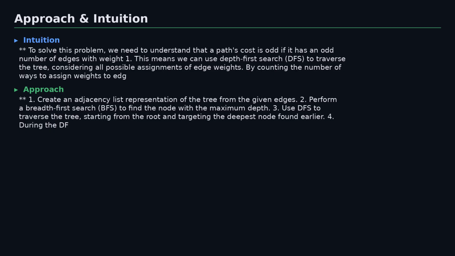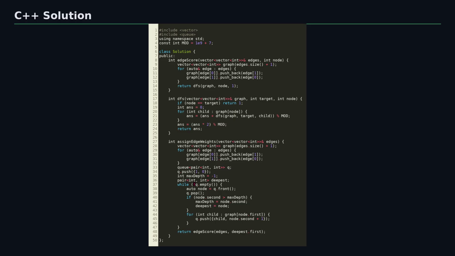Next, we use depth-first search to traverse the tree, starting from the root and targeting the deepest node found earlier. During the DFS traversal, we consider assigning weights of 1 or 2 to each edge and count the number of ways to achieve an odd total cost. We use modulo arithmetic to handle large result values and avoid overflow.